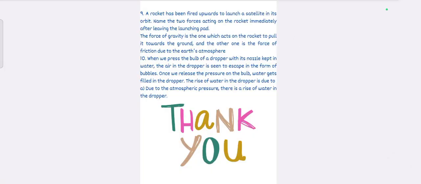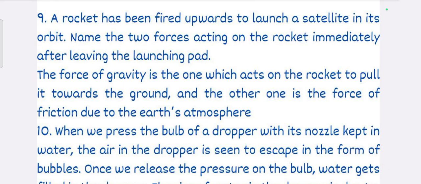Now we will start question number 9. A rocket has been fired upwards to launch a satellite in its orbit.